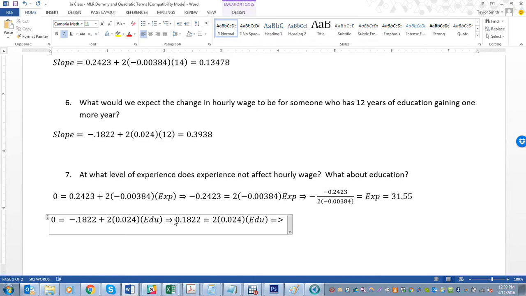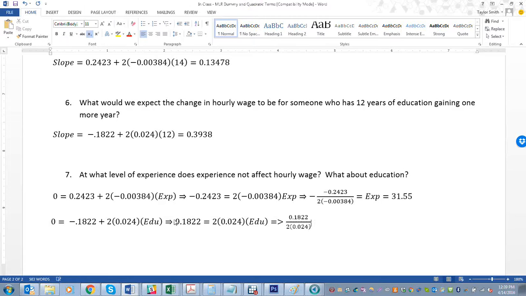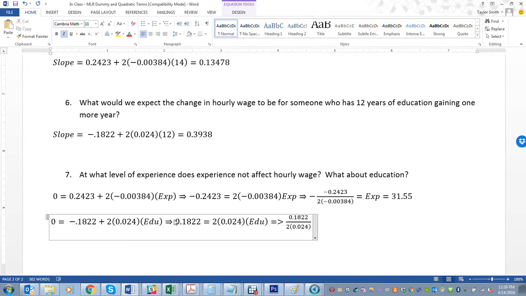Okay, then that leads to, we're going to divide both sides by 2 times 0.024. So we end up with 0.1822 divided by 2 times 0.024, which is equal to the level of education.